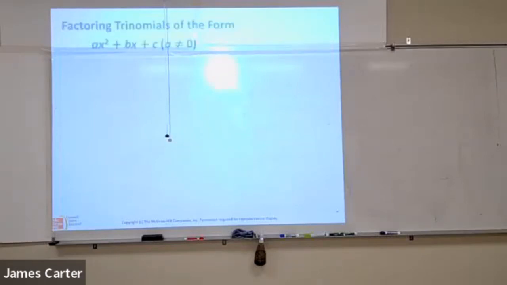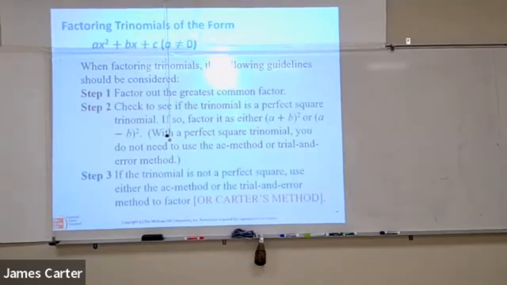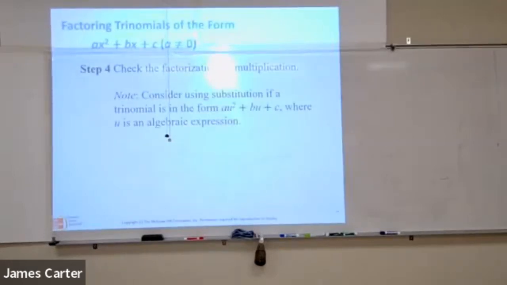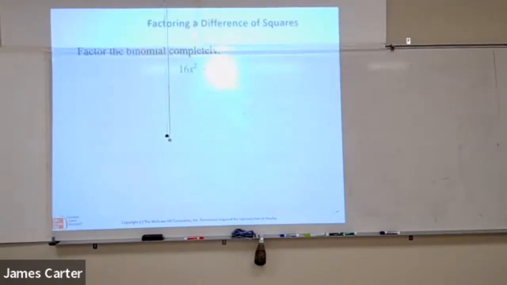Okay, I want to go on. These are just some general rules for this. Here's rule C. Perfect square in the front, perfect square in the back, minus in the middle.